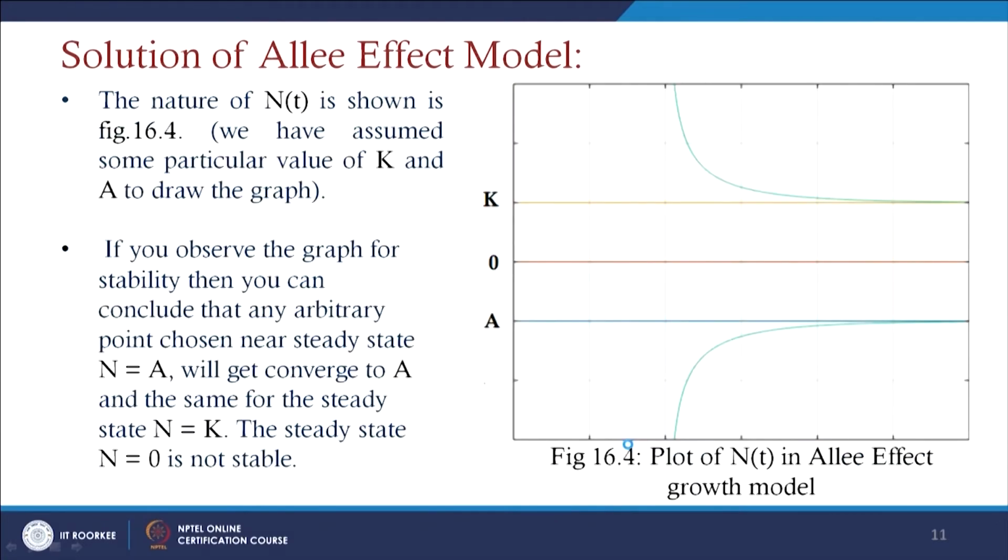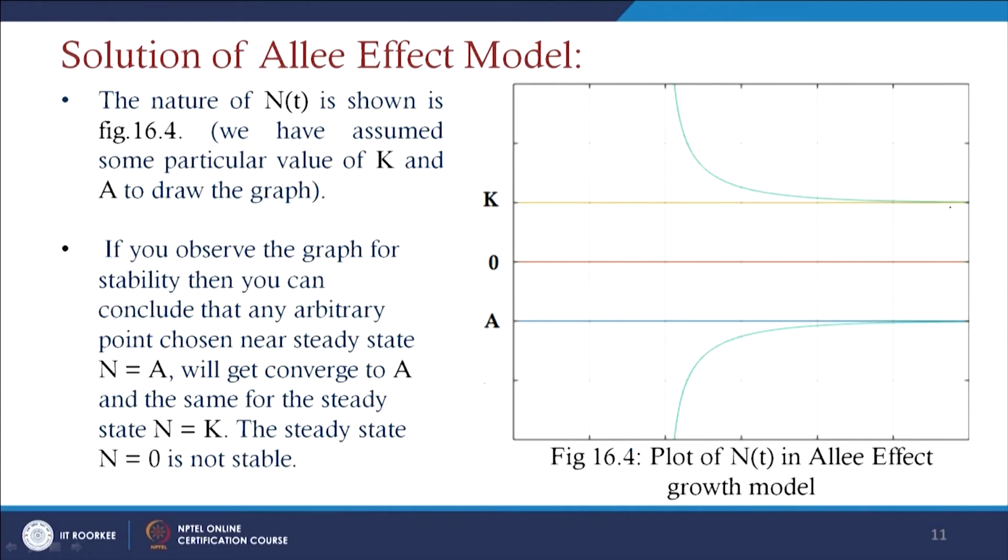And if you go for the solution of the Allee effect in a graphical sense, the nature of n(t) is shown such that for some particular value of k, that is the maximum level of the population, it can be maintained when t tends to infinity. This can be assumed to be a constant level.